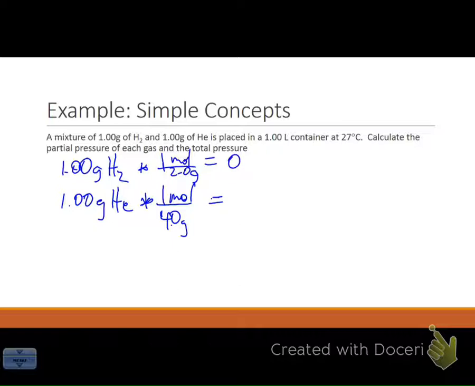It comes out to be 0.500 moles of hydrogen and 0.25 moles of helium. Alright, now there's 2 ways to work this problem.